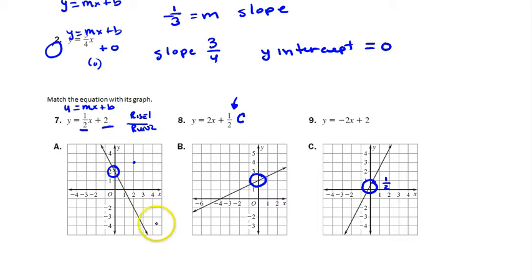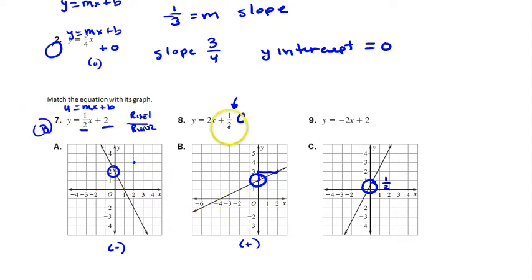Plus, if I look at this line, it's going up in the negative direction of the x-axis. So this is a negative slope, where this one's a positive slope because it's going up in the positive direction. Now if I look here and I go up 1 and over 2, notice that that is the next point on my line. It has a rise of 1 and a run of 2. So this would be number 7, B.